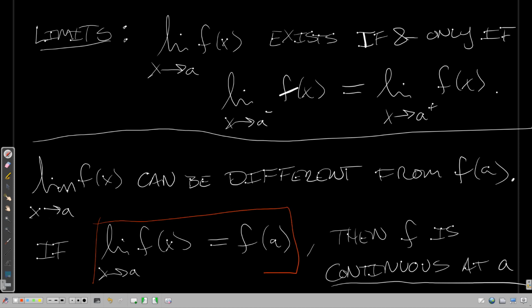However, if the limit as x goes to a agrees with what the function evaluates to at a, then f is said to be continuous at that point. It's only continuous at a point. In order to know that the function is continuous everywhere, it has to be checked at every point.